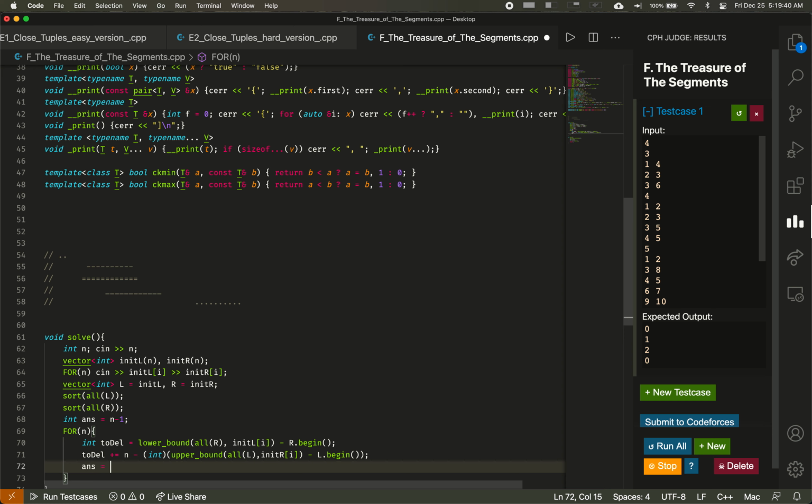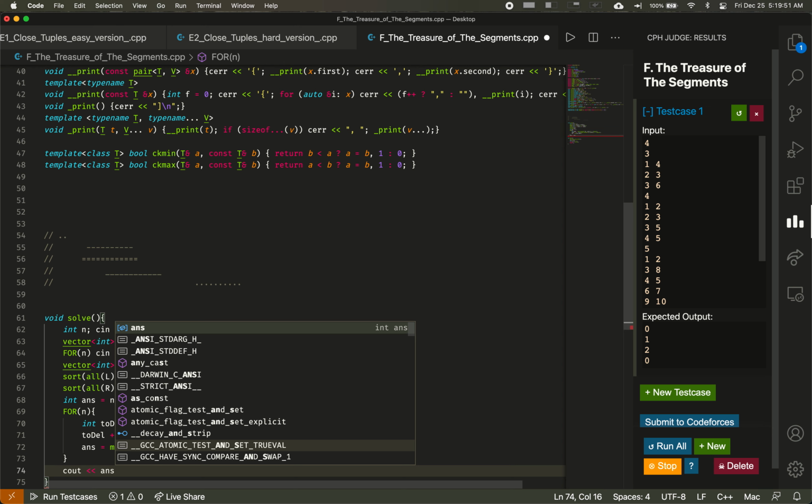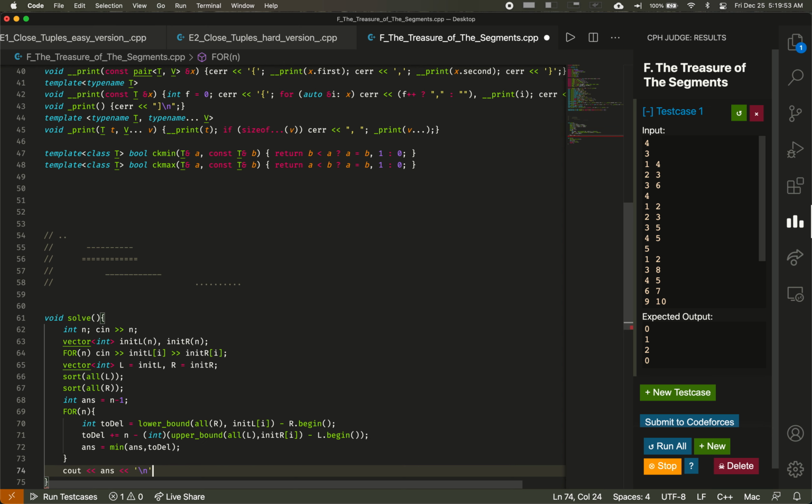Then we want the minimum of the answer and to delete. I think that should be it.